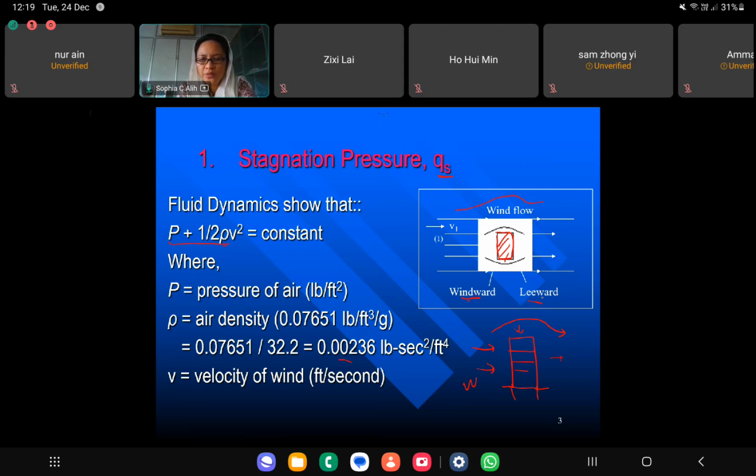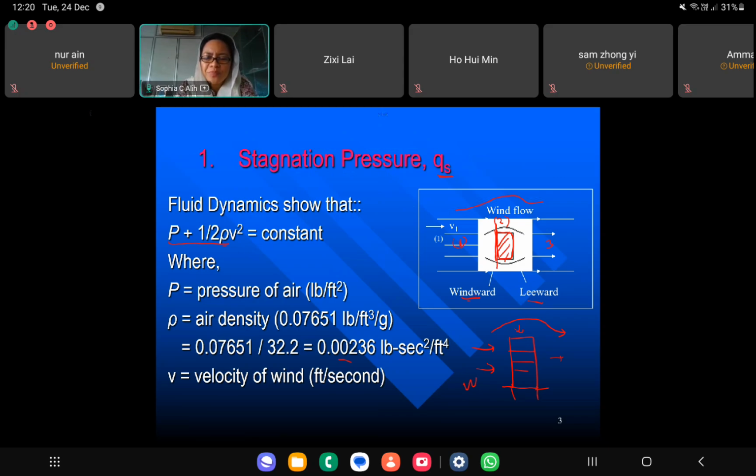So windward, leeward: there are two terms that you need to remember. Now, when I calculate, for this V, the area in front I call area number 1. The area on the surface of my structure I call area number 2, and behind my structure is area number 3.